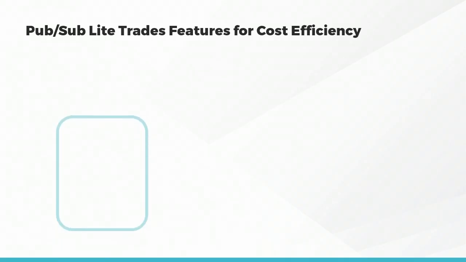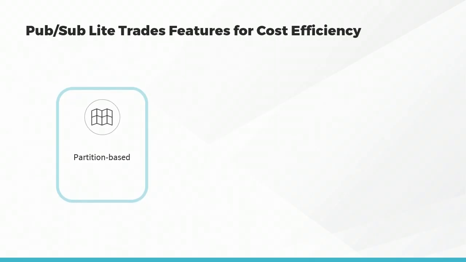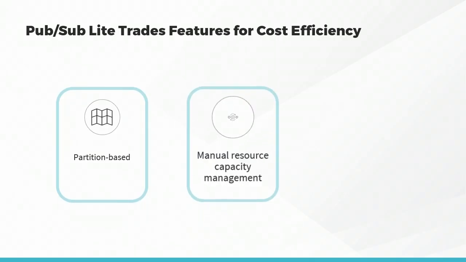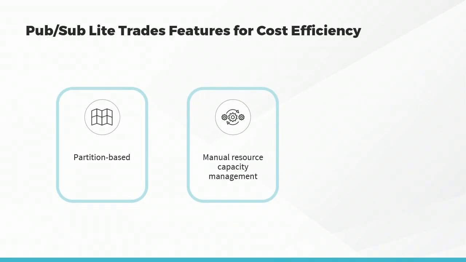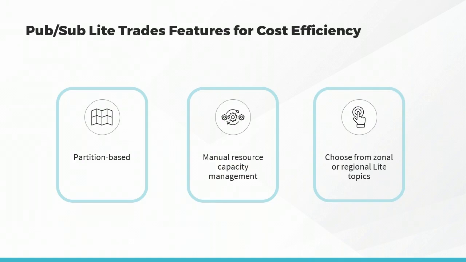This is where you're going to have partition-based messaging, and manual resource capacity management, instead of it being automated like with regular PubSub. And you have to choose from zonal or regional Lite topics. They offer the same service level availability as PubSub topics, but they're a little bit different. They're only on the zonal or regional Lite topics.